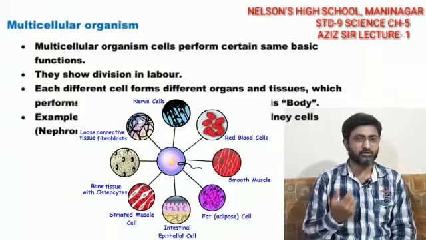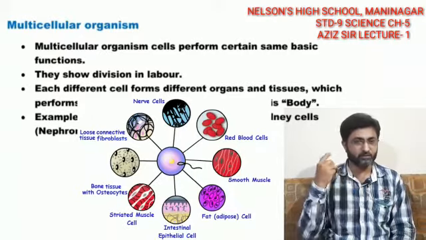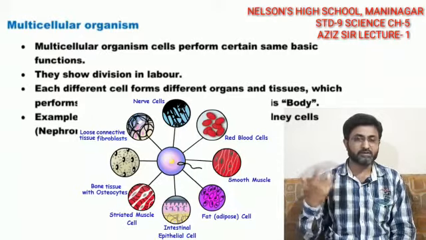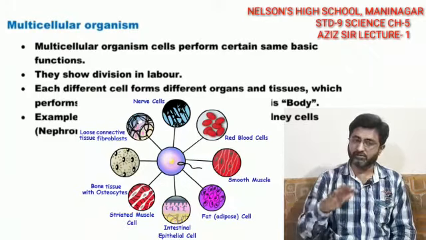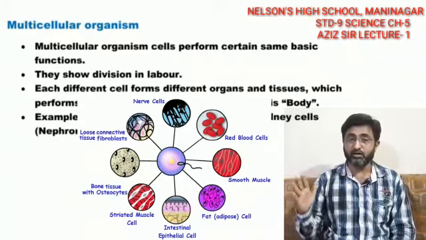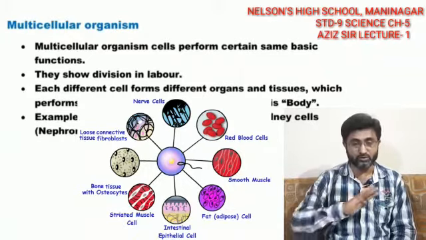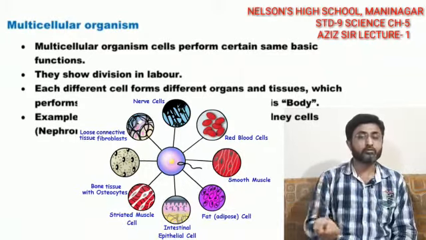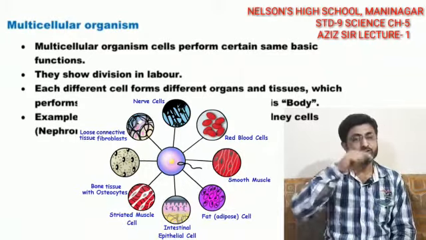Like if I give an example, my heart cells are different from my brain cells, and my brain cells are different from my kidney cells and liver cells, muscular cells. So they are assigned different kinds of labor. They do entirely different kinds of work, though they originated from one single cell. So they perform specific functions, and that's why it is called division of labor.